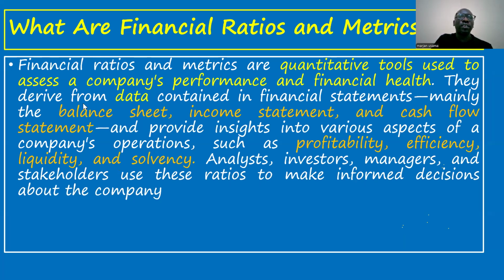They derive from data contained in financial statements, mainly the balance sheet, income statement, and cash flow statement. This is where we get the data to analyze and provide insight into various aspects of a company's operation, such as profitability, efficiency, liquidity, and solvency.